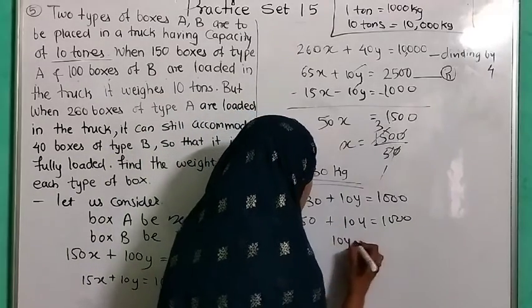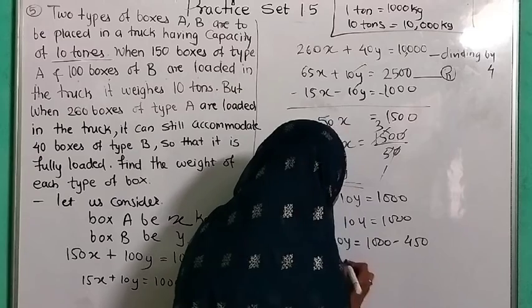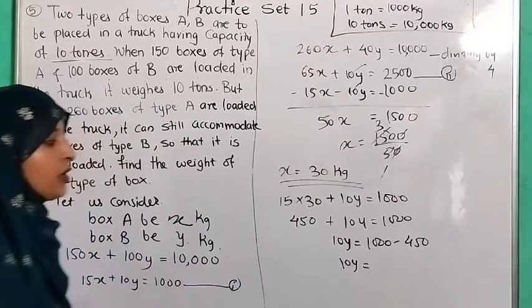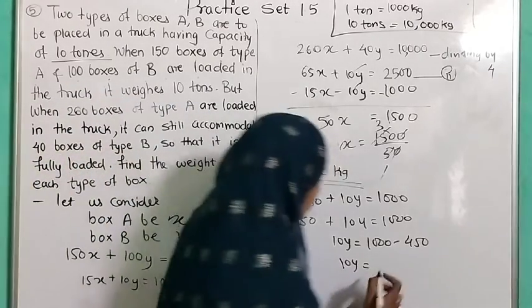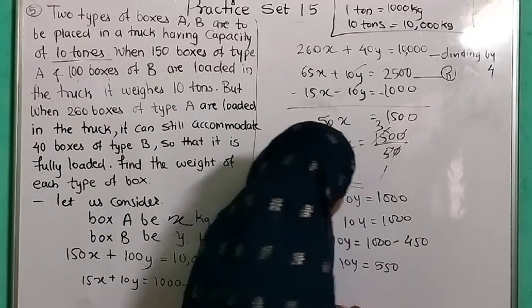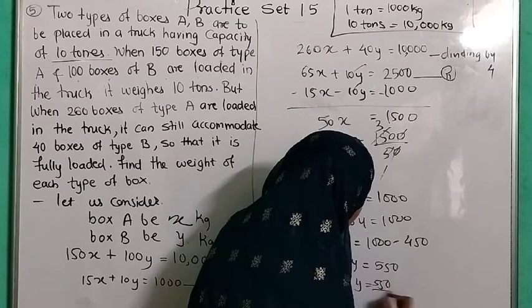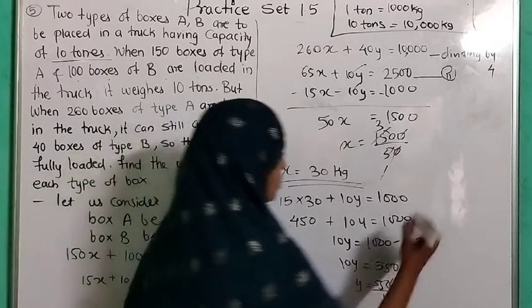So 10y is equal to 1000 minus 450. From 1000, if we subtract 450, we get 550 here. Then y is equal to 550 divided by 10, then 0 gets cancelled, means y is equal to 55 kg.